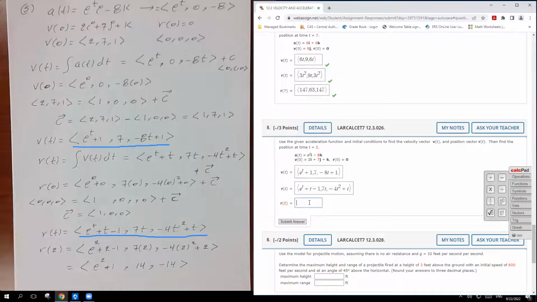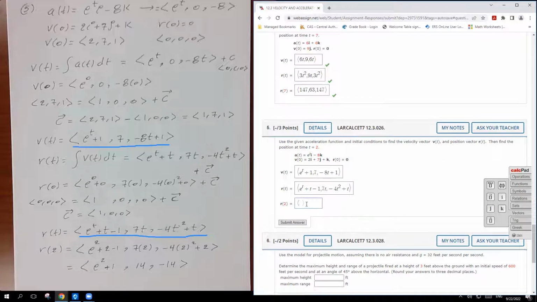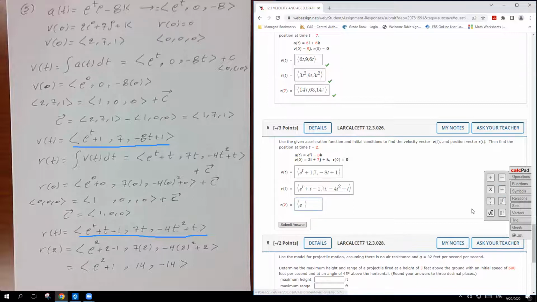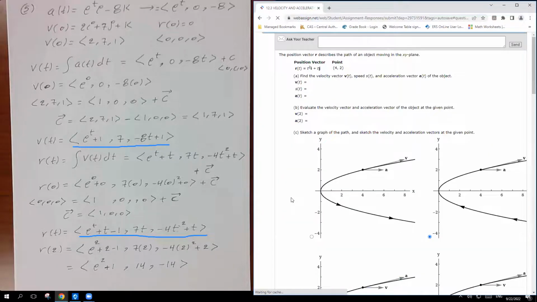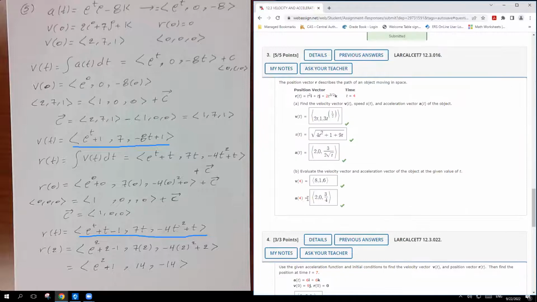And with the 2 is going to be also a vector: e to the exponent 2 plus 1, comma, 14, comma, negative 14. Let's check that. So we can move to the next example, which is a really important one.